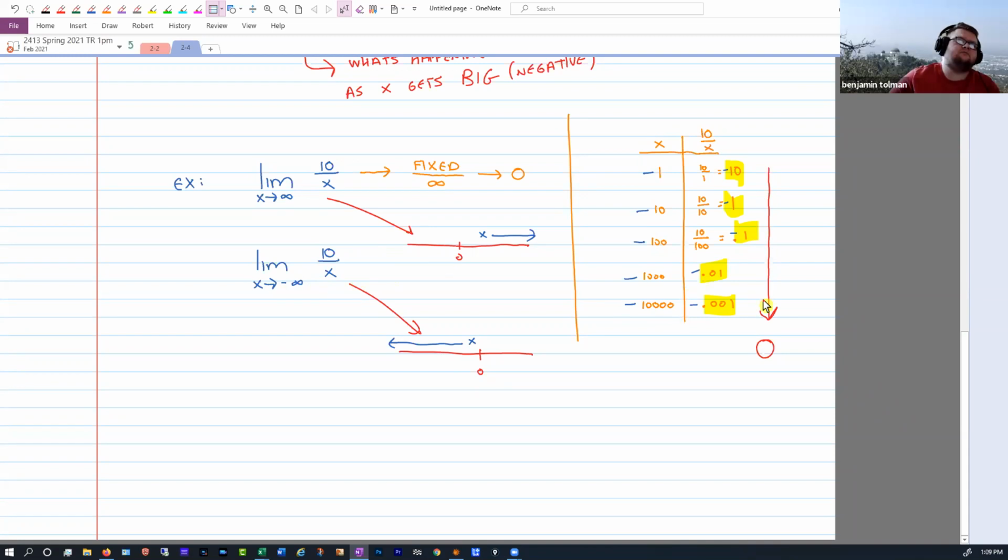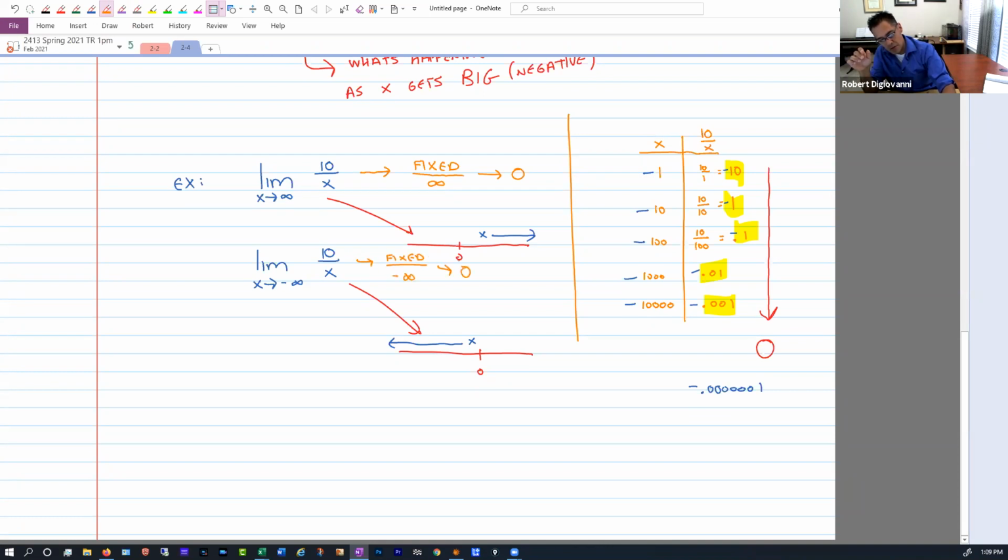Yes. Now they're negative, but they're still getting small, right? If I keep going down, I might have like -0.00000001 or something like that, but that's still headed to 0. It's a really small, small number. It's just negative. So what we can conclude from this one, again, is that something fixed over something that goes to negative infinity will also go to 0.